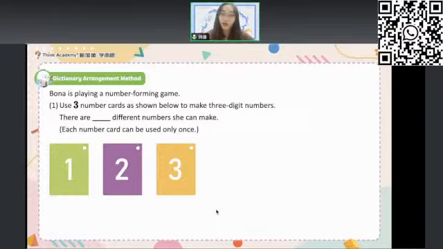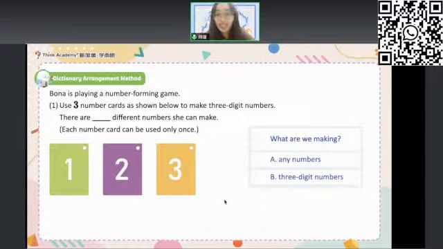Okay, good job. So for this, let's have a vote. What are we making here? Yes, correct. We are making some 3-digit numbers, okay? Pay attention, because sometimes the question may tell you to make some 2-digit numbers, or some 4-digit numbers.